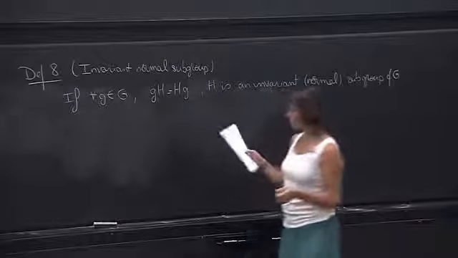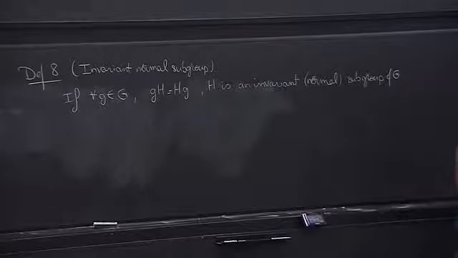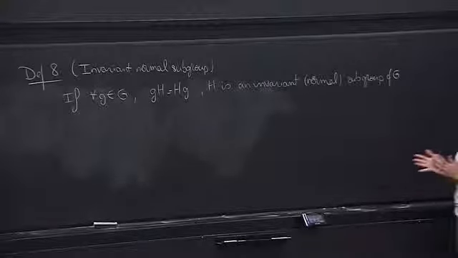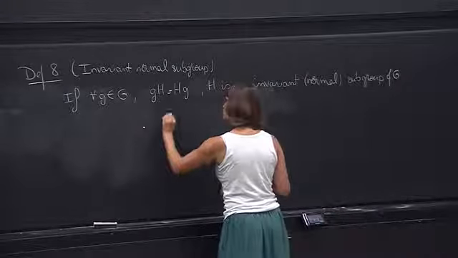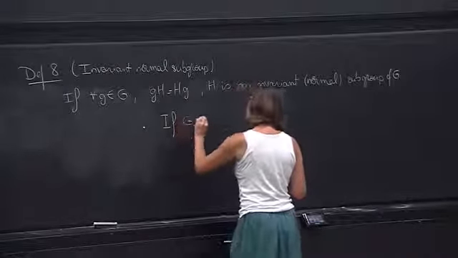Of course, the identity and the group G are always invariant normal subgroups. Let's see some examples.